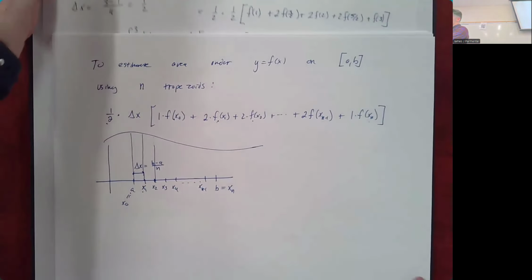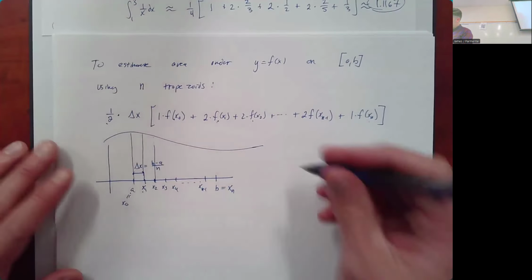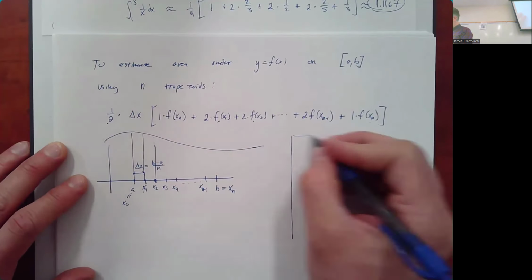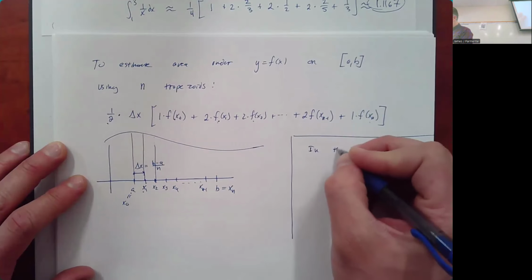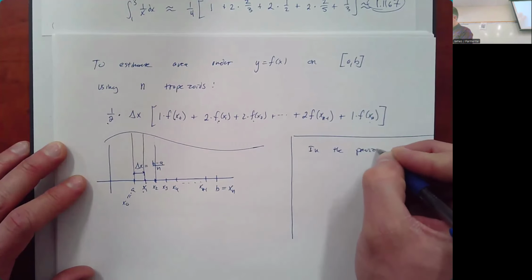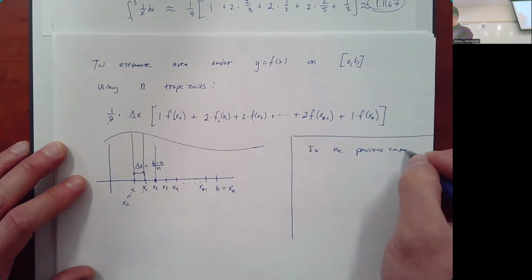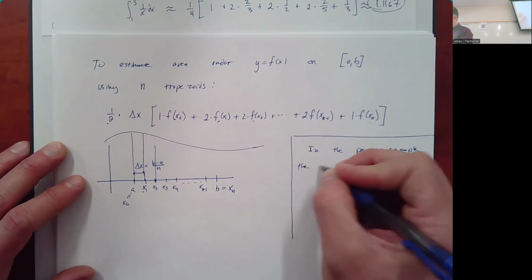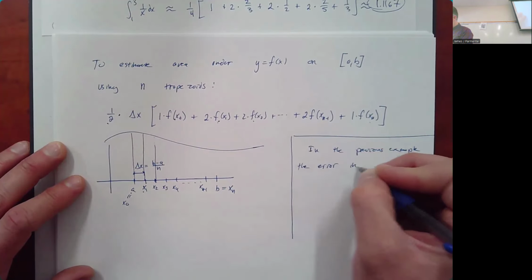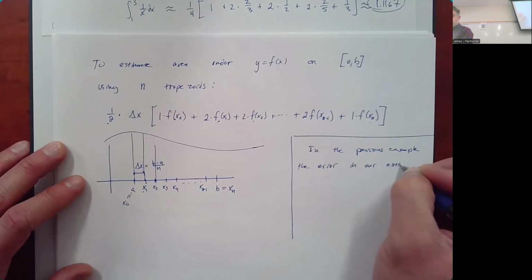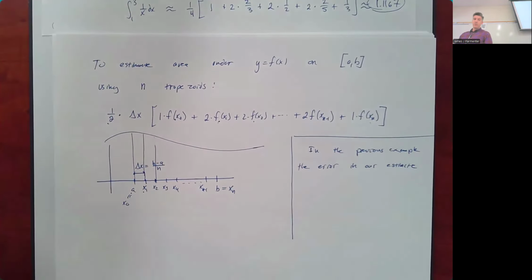Going back to this previous example for just 1 second. In the previous example, the error in our estimate is the difference between the actual value and the approximate value.